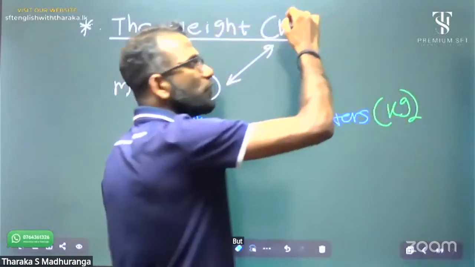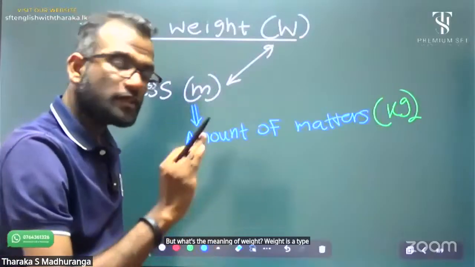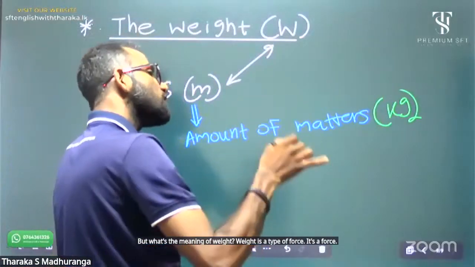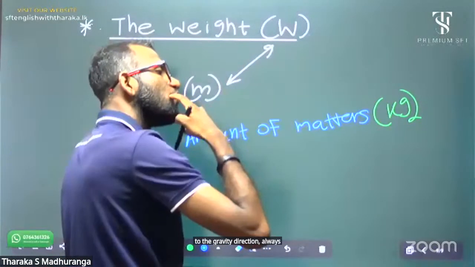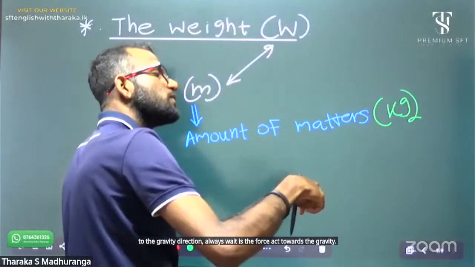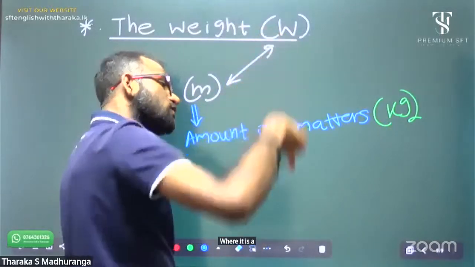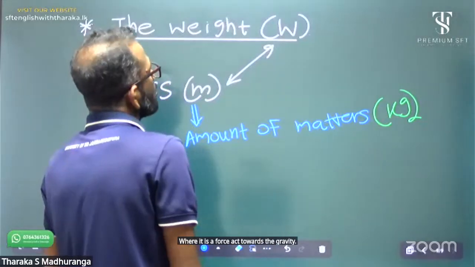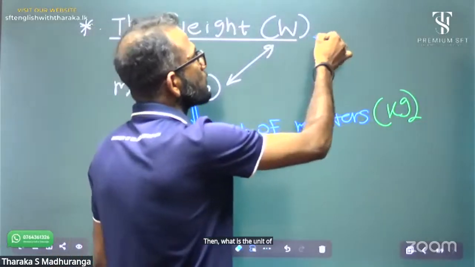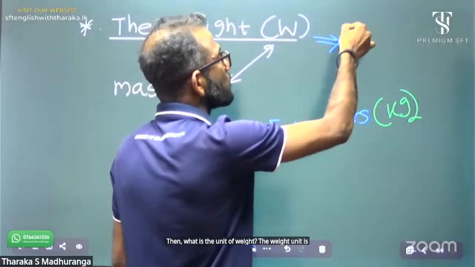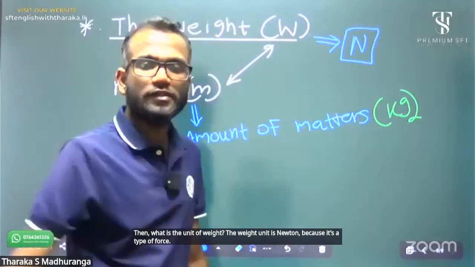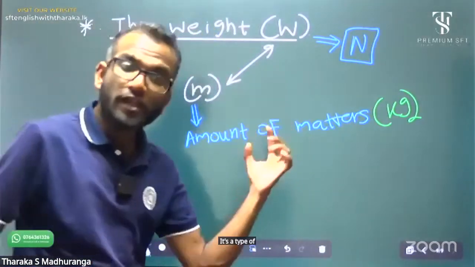But what is the meaning of weight? Weight is a type of force. It's a force acting towards the gravity direction. The weight unit is Newton because it's a type of force. Understand the difference, right?